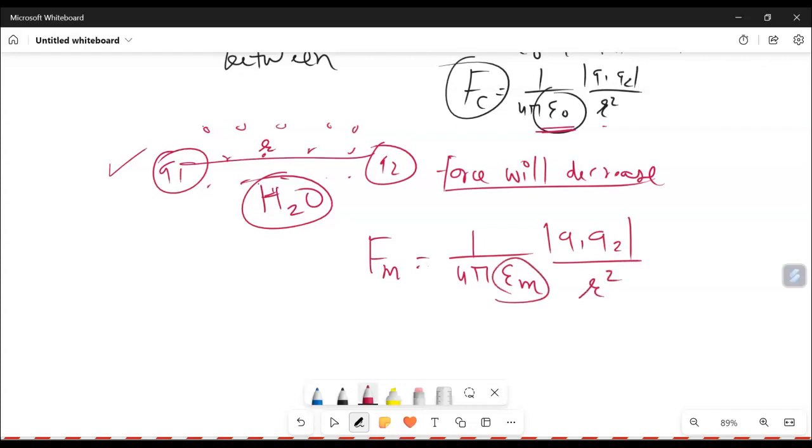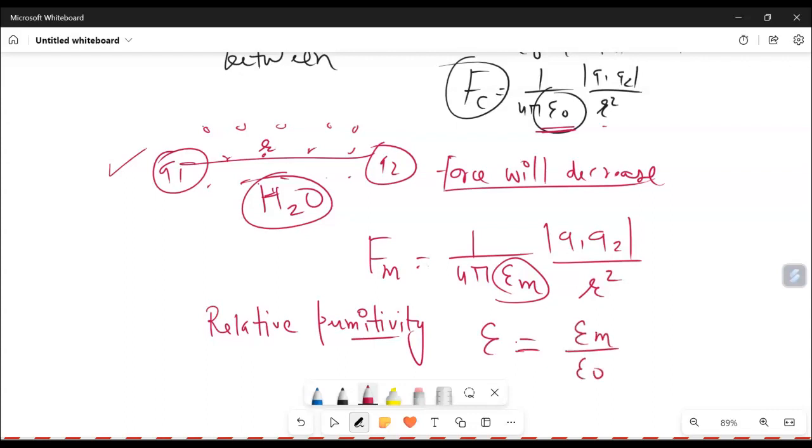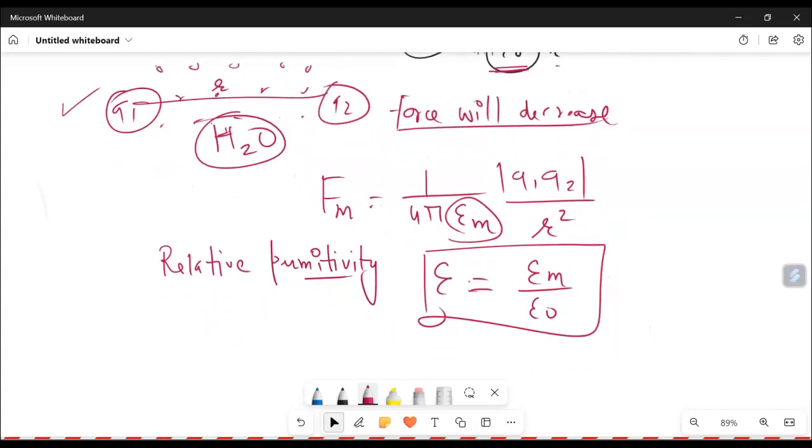How can we figure out this epsilon M? We use the concept of relative permittivity. Relative permittivity E is written as EM upon epsilon naught: permittivity of medium divided by permittivity of vacuum.